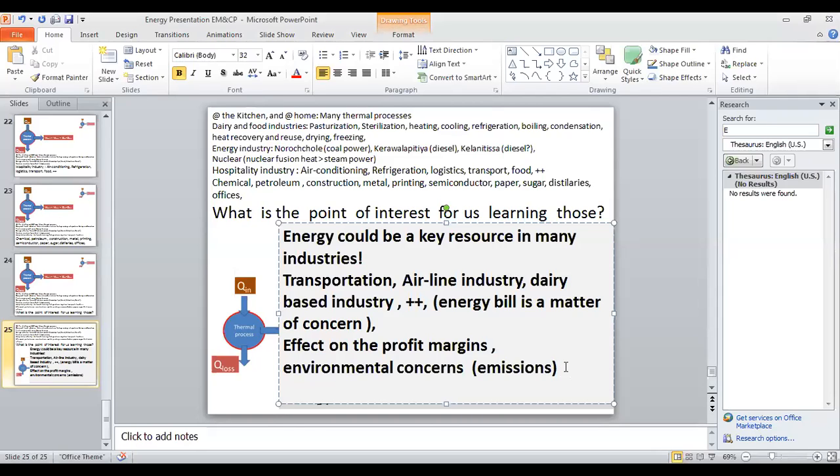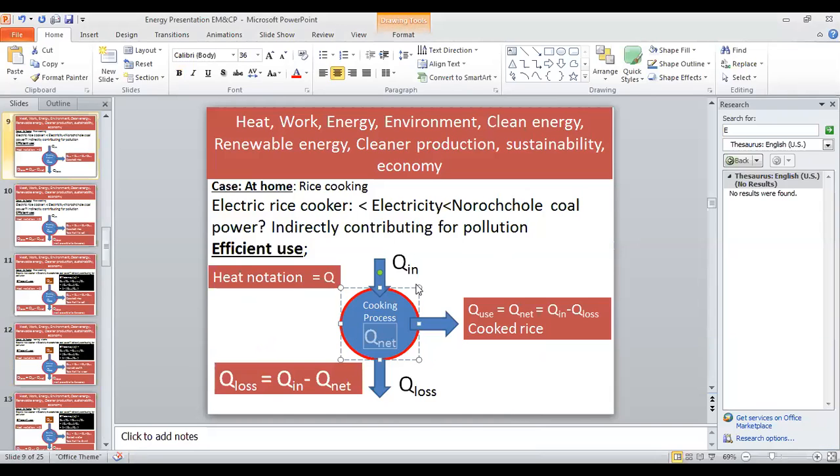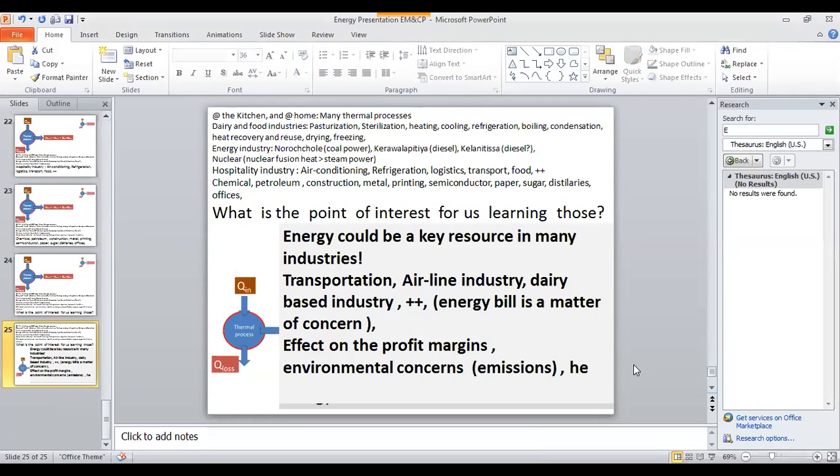Sometimes heat losses could be thermal pollution.